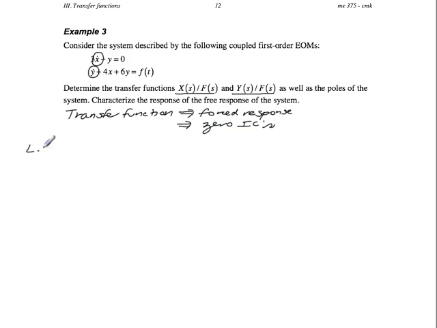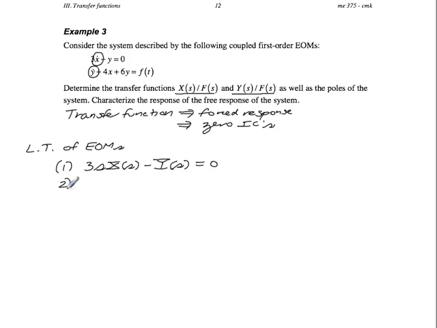So if we now take the Laplace transform of our equations of motion with zero initial conditions, the first one is going to be 3s times x minus the transformed y, and that's equal to 0. I'll call that equation 1.